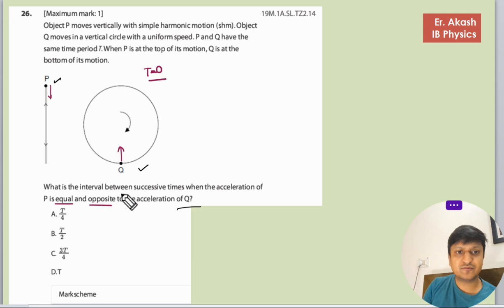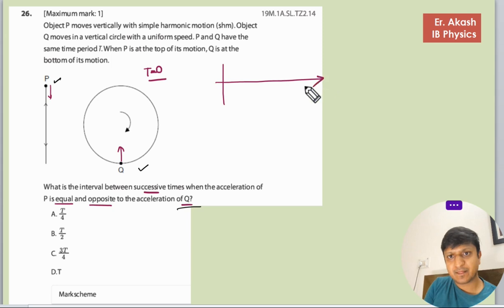But we have to find the next successive time, the interval where the acceleration of P will be equal and opposite to the acceleration of Q. So in these graphs, if I draw the graph, I'll write the time period, because the time period for both is the same.